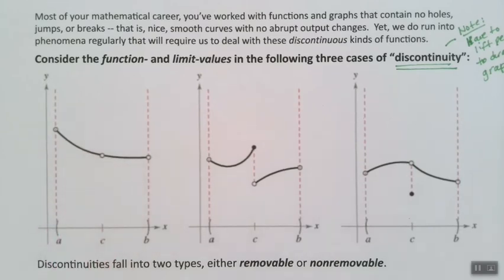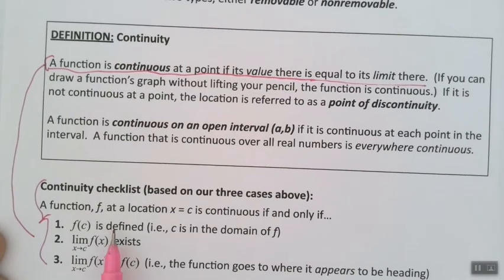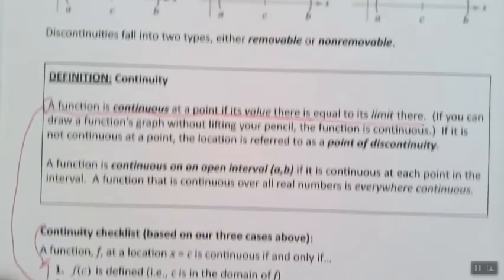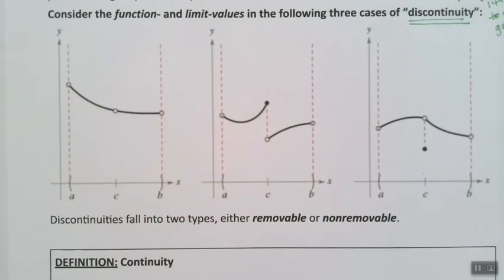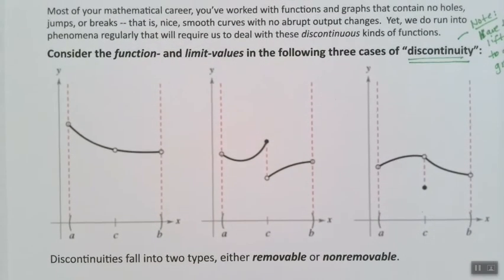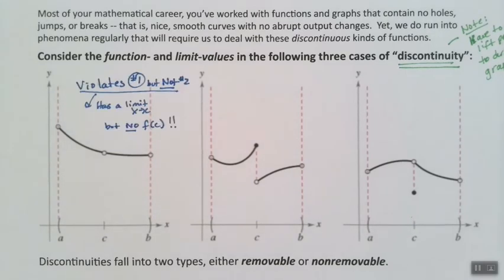So great, I have part 2, the limit exists, but I don't have part 1 because there's no function there. There's no definition for f of c because it's a big open hole right there. So for this particular one, I am violating condition number 1, but not condition number 2. It has the limit, but it doesn't have a function value.